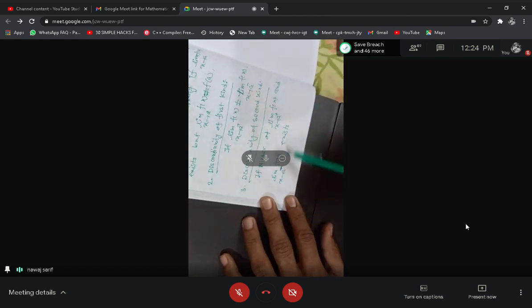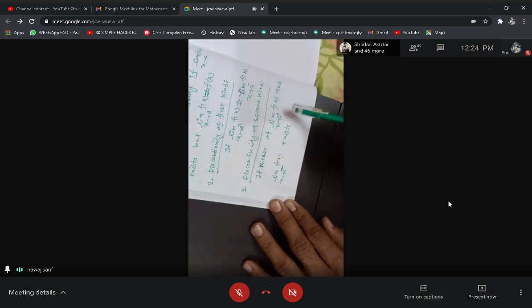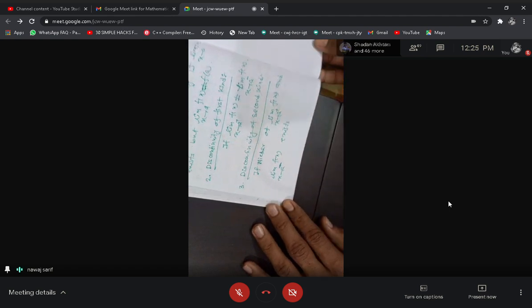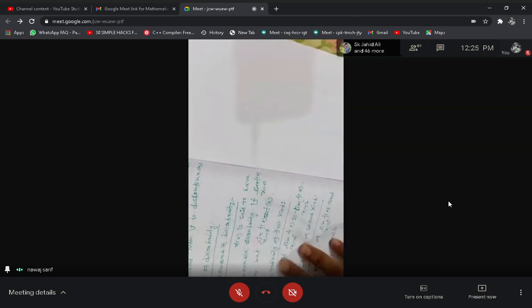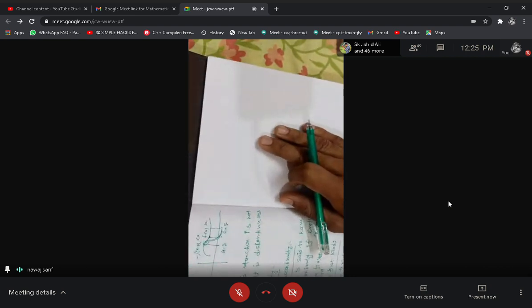So this is the discontinuity of second kind. Neither left hand limit nor right hand limit exists. This type of discontinuity is called second kind of discontinuity. Okay, now we'll do some examples.